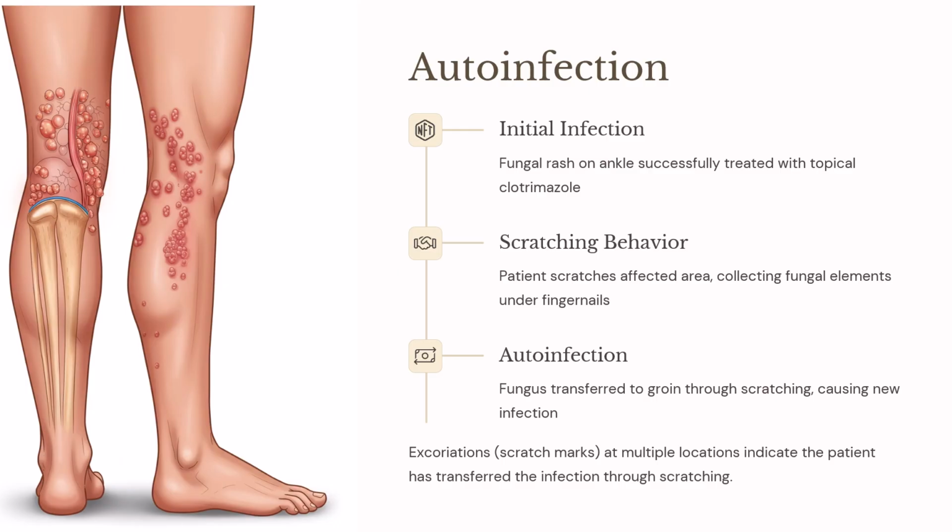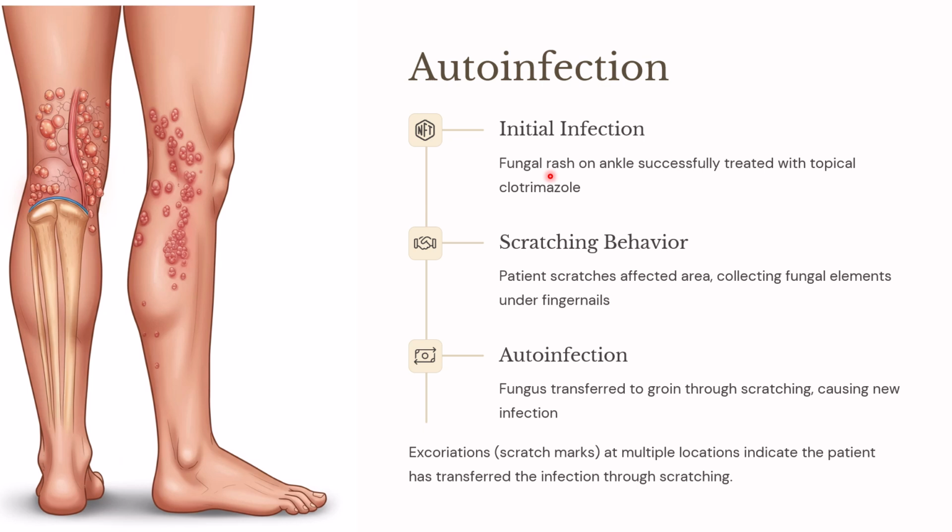There will be another question where they will test your knowledge about auto-infection. Here there is a patient who has a fungal rash on the ankle that has been successfully treated with topical clotrimazole. After that, they tell you that he has a similar kind of lesion on the groin. What is the cause and how does that happen? A similar kind of lesion means it almost belongs to the same category, so it must be a fungal lesion.